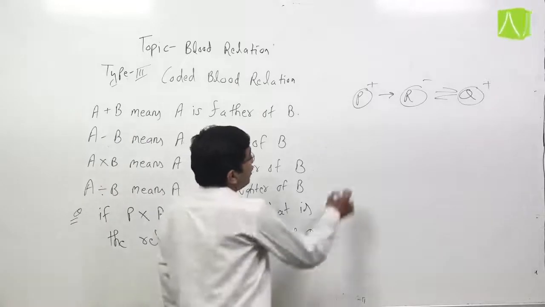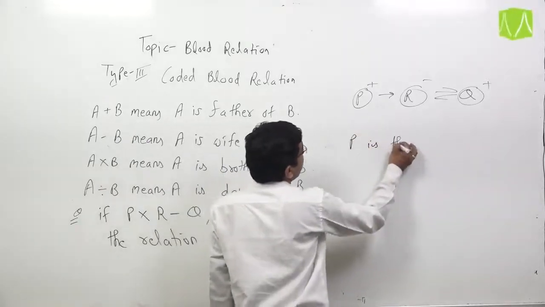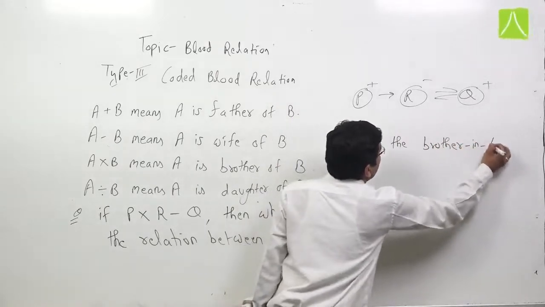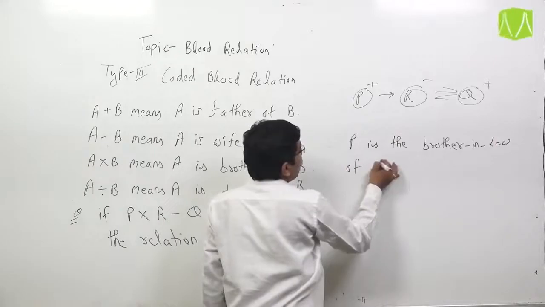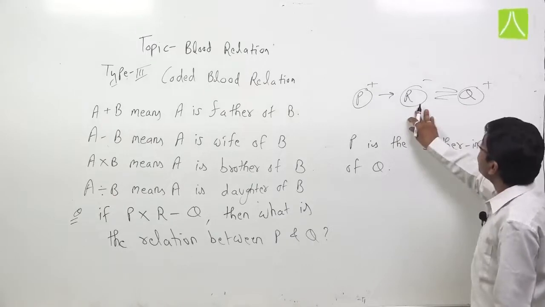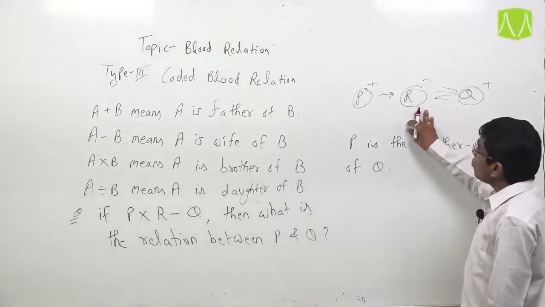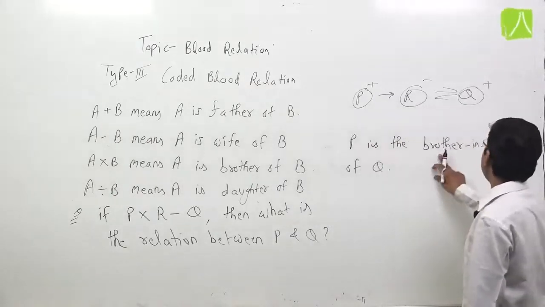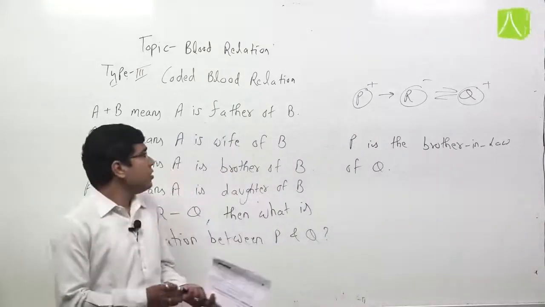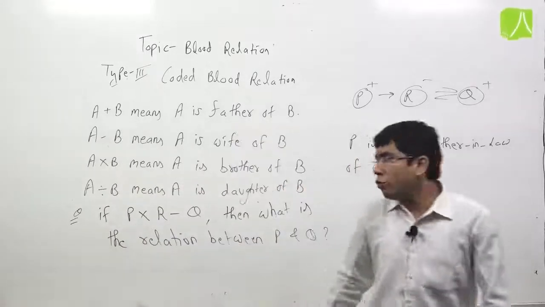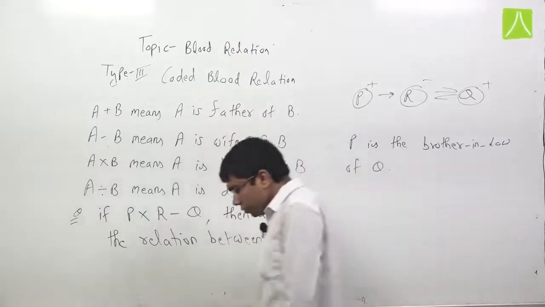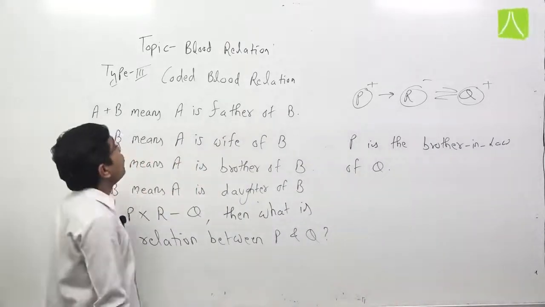We can say that P is the brother-in-law of Q, because with the diagram we can say that P is the brother of Q's wife. So in this type, coding is given and we have to determine the solution on the basis of this coding. It comes in the type coded blood relation.